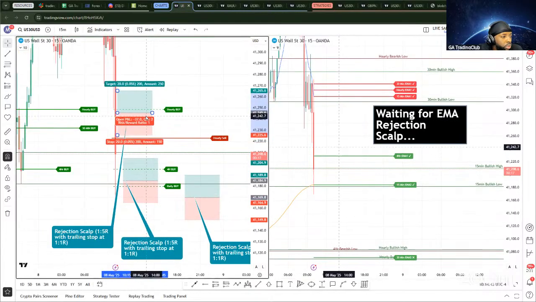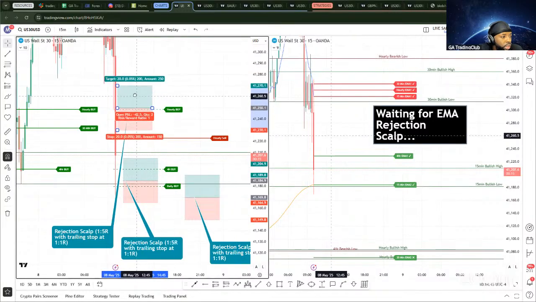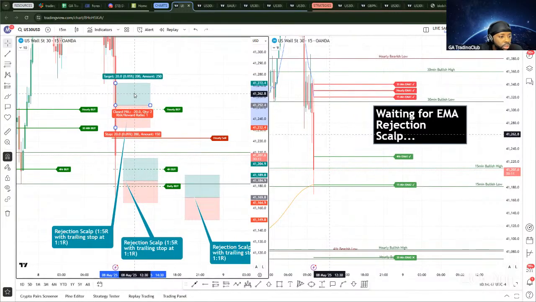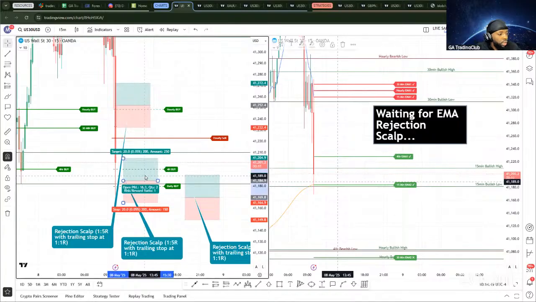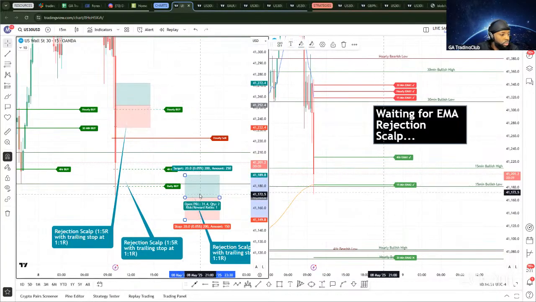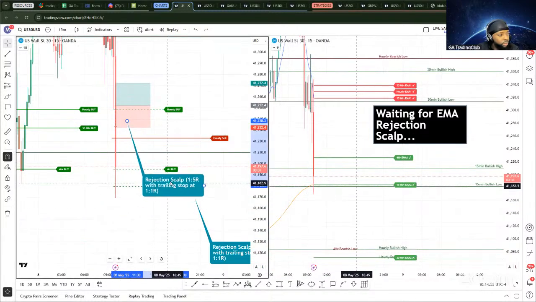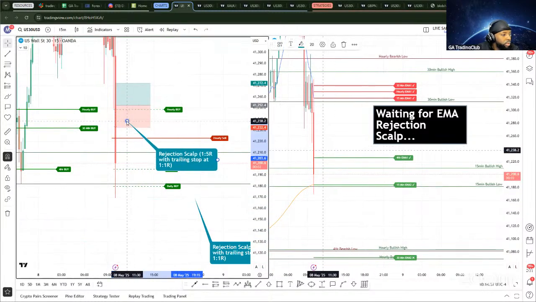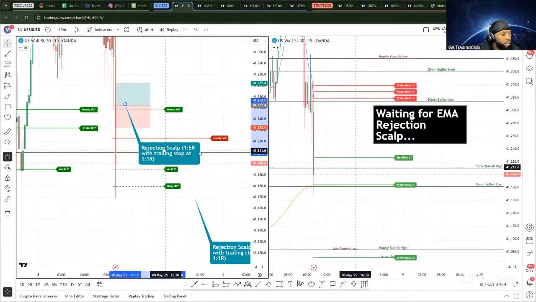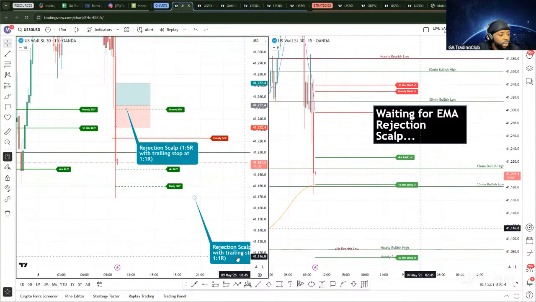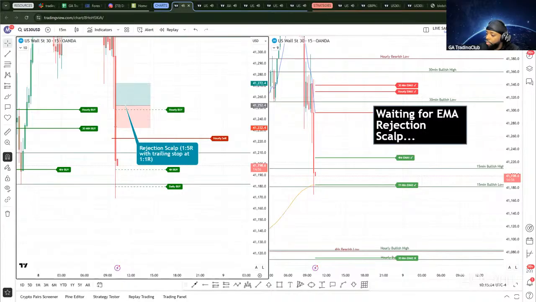41,252. This is the one that got stopped out, based off of an hourly gold rejection support.